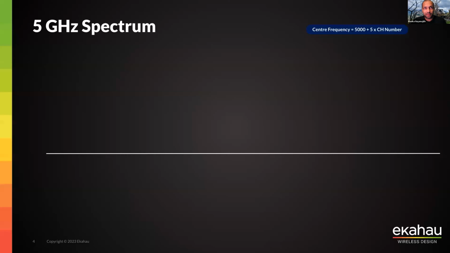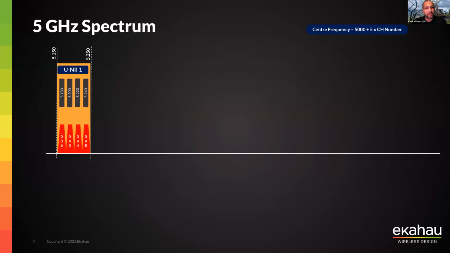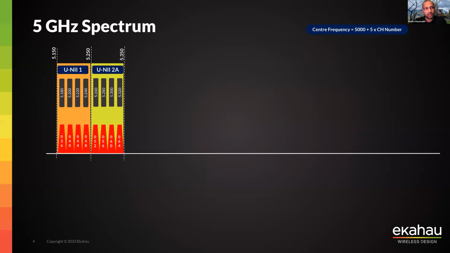Yeah, let's go. Actually, I'll start with the 5 gigahertz spectrum, because what we're talking about is how clients discover the wireless network. To begin with, let's look at how the spectrum is laid out, in the 6 gigahertz too, but let's begin with the 5 gigahertz. As you all know, in 5 gigahertz we have a few UNII channel groups, UNII-1 to begin with, 4 channels, and then another 100 megahertz, UNII-2.